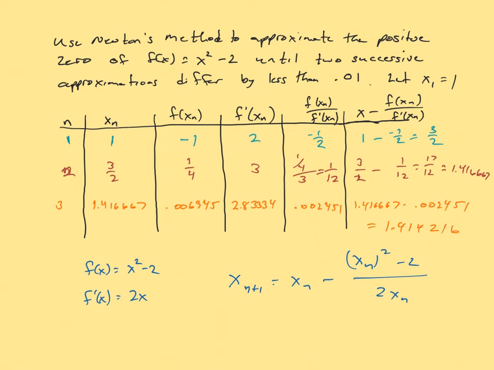And so our fourth guess, when n was 4, would be 1.414216, which is definitely within our range. So our zero, in this case, the square root of 2, is approximately equal to 1.414216 by using Newton's method.